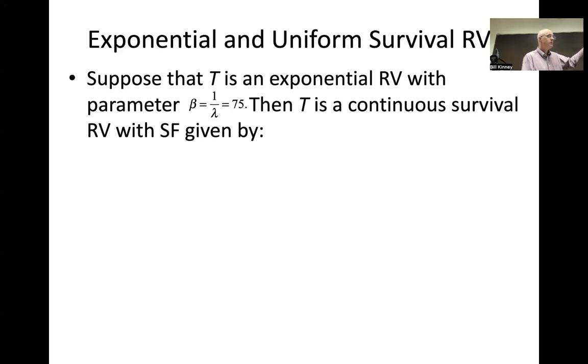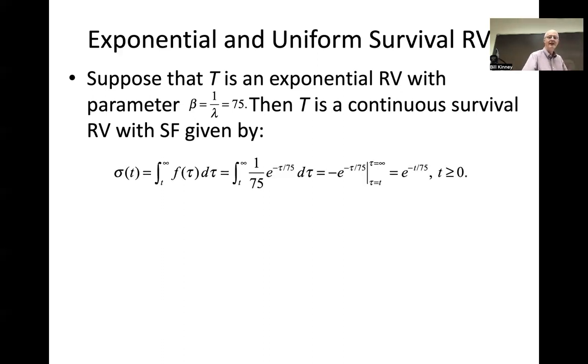The survival function is 1 minus that. So the 1 and the minus sign go away. It's just e to the negative t over beta here. E to the negative t over 75. I wrote it as an improper integral. But if you already knew what the CDF was, you wouldn't have to do the integral.